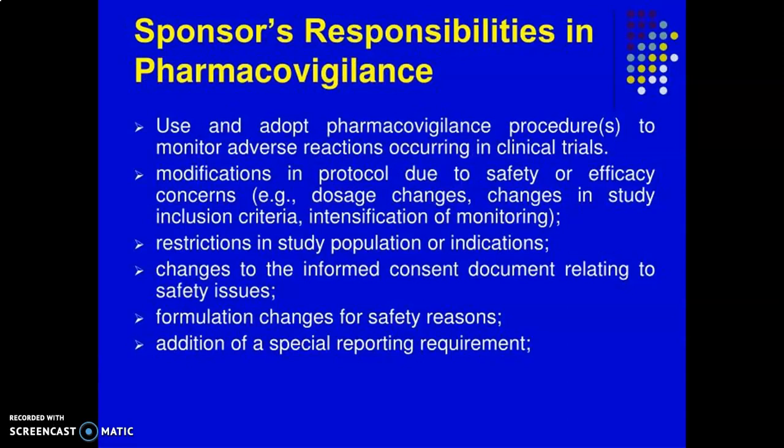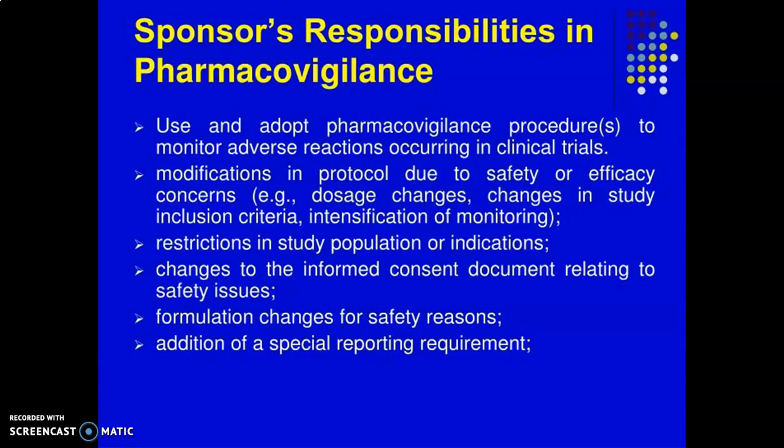This is just a repetition of what you have studied in different chapters. Now let us talk about the sponsor's responsibility in pharmacovigilance. Use and adopt pharmacovigilance procedures to monitor adverse reactions according to the clinical trials. Even modification of the protocol due to safety or efficacy concerns, for example dose change, change in the study inclusion criteria, or intensification of monitoring.